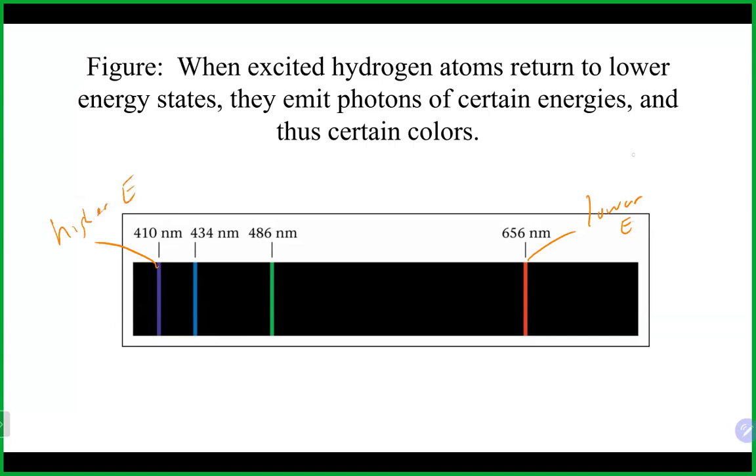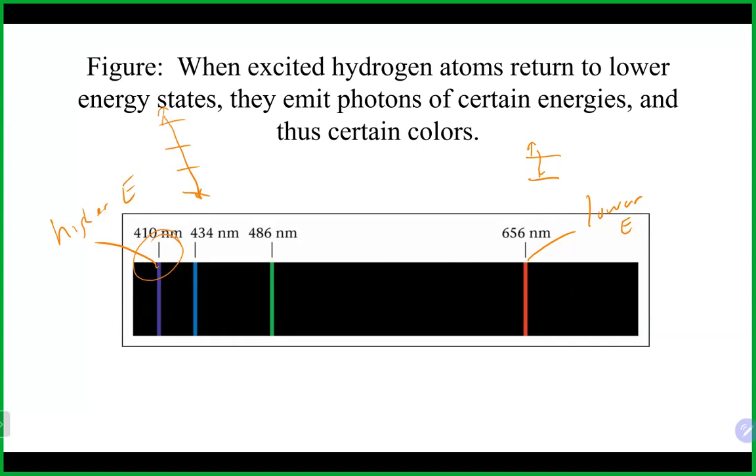That would also mean that the transition that is causing us to see the red color is maybe just a transition of, say, one energy level. Not a very big amount of energy difference between those. As opposed to over here where we see this purple one, maybe that is a result of an electron making a pretty good drop downwards in energy and going through a lot of different energy levels.